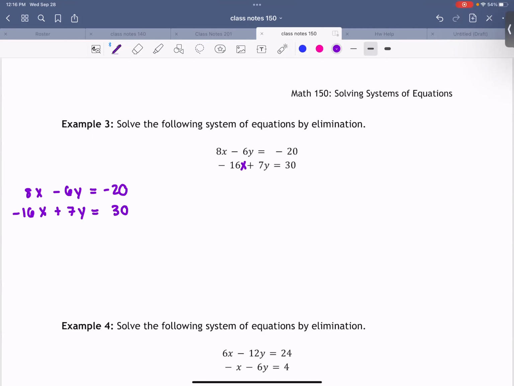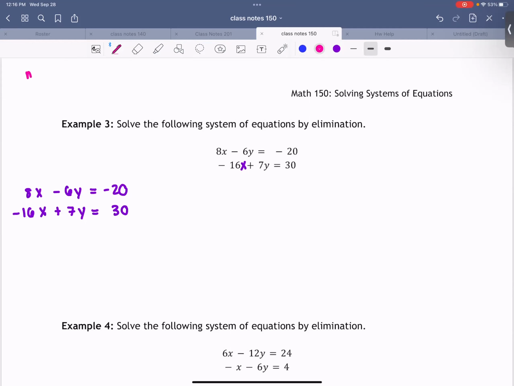Now, when I solve these equations, I have a step-by-step process. The first thing I want to do is write this down. I want to make sure that one of my variables, either x or y, has the same number but a different sign.